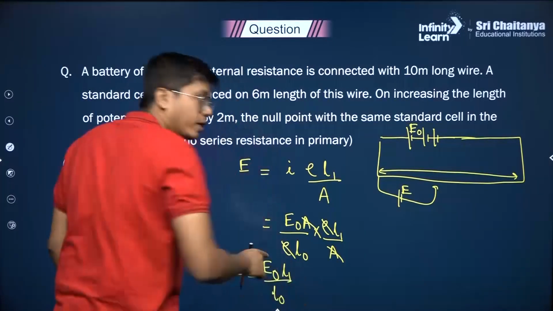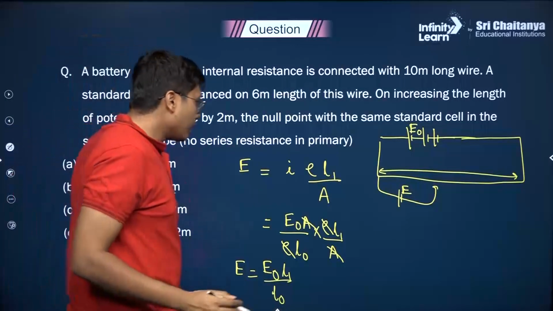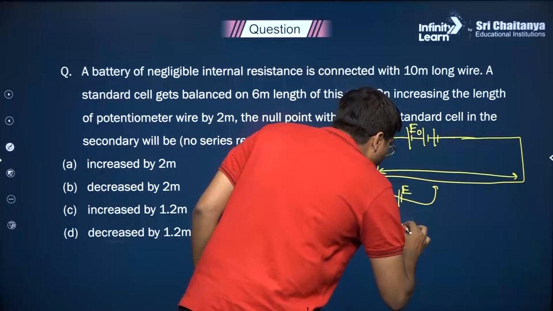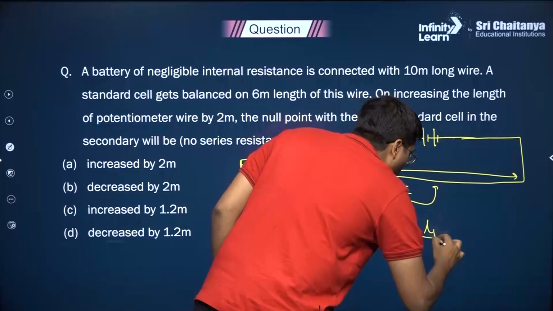The reason I am doing this is to show you a specific relation, that E by E naught is equal to L1 by L naught.